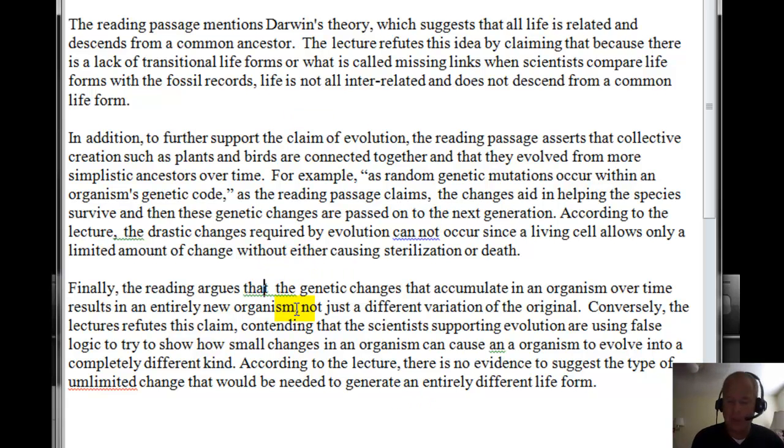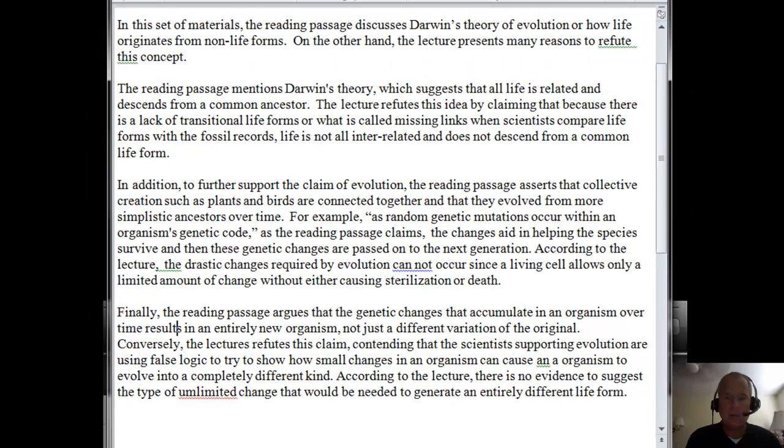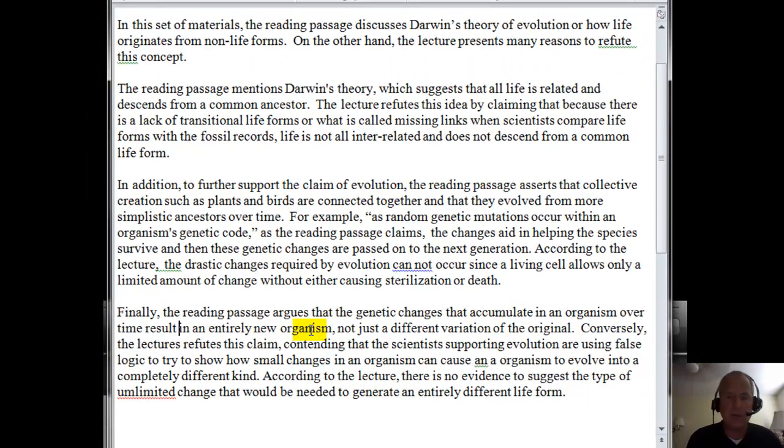All right, so let's see how we did now. So it says, finally, the reading passage argues that the genetic changes that accumulate in an organism over time, I'm going to use a plural verb there, result in an entirely new organism, not just a different variation of the original.